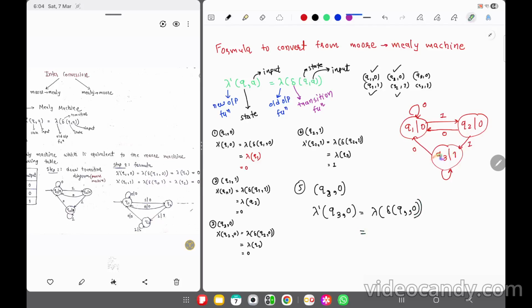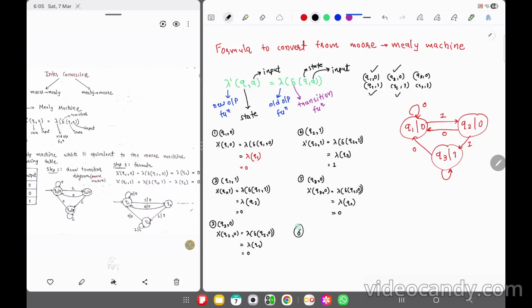In this diagram, if we give Q3 the input 0, it goes to state Q1. So we write λ(Q1). The output of Q1 is 0, so we write 0.